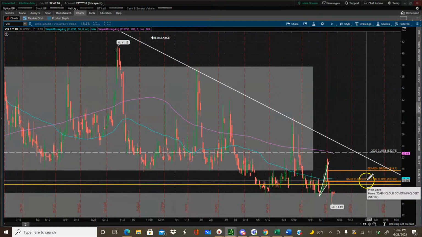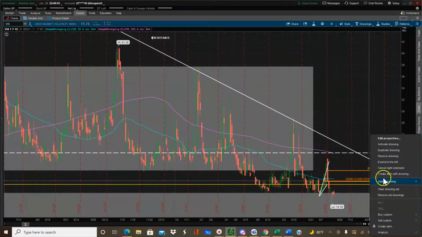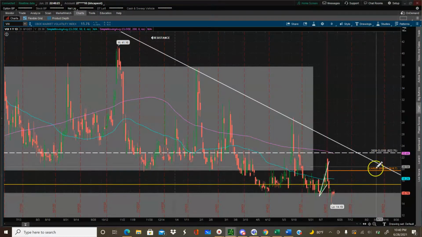Ignore this dark cloud cover thing. This was something on a previous analysis. I talked about that last week, so I can actually take that off.